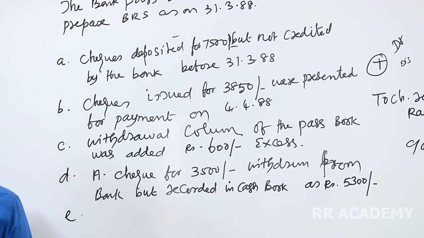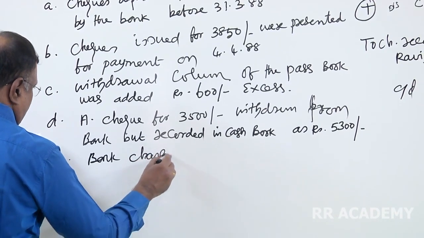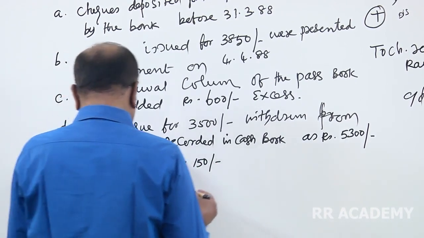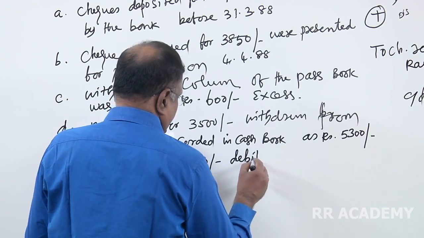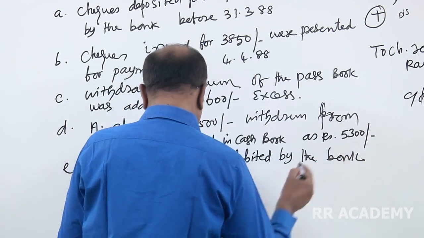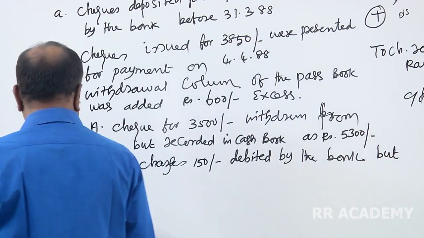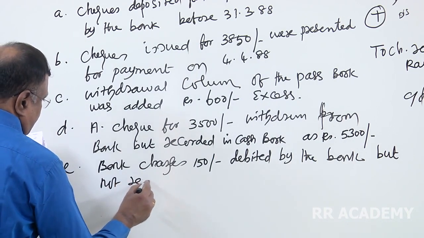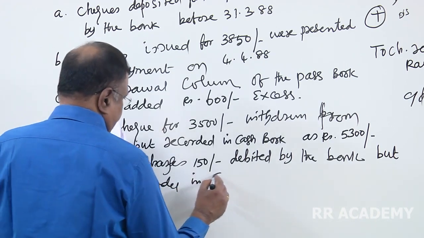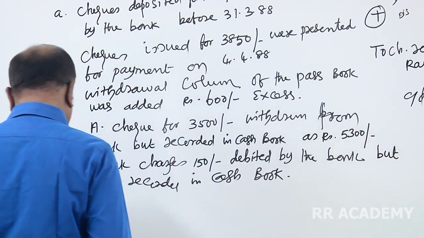E. Bank charges 150 debited by the bank, not recorded in cash book. Yes.